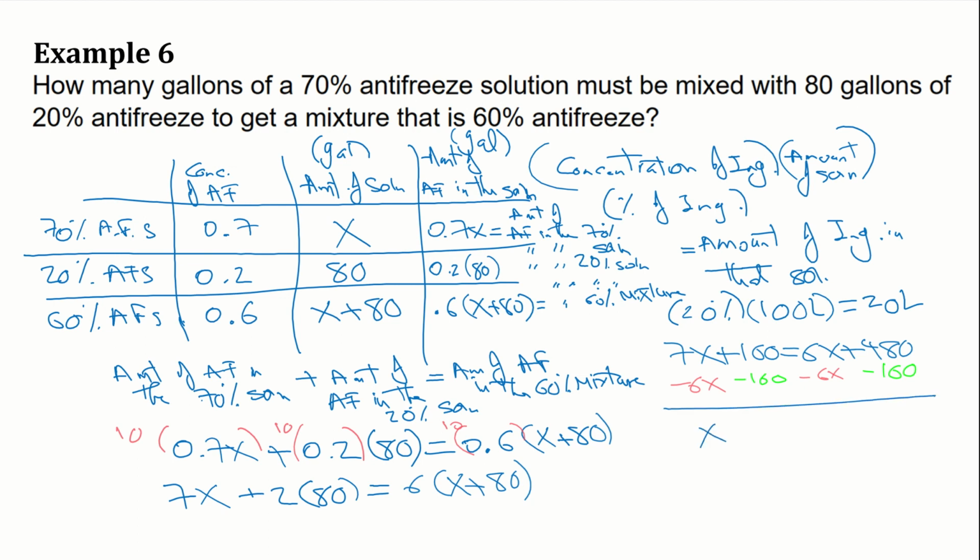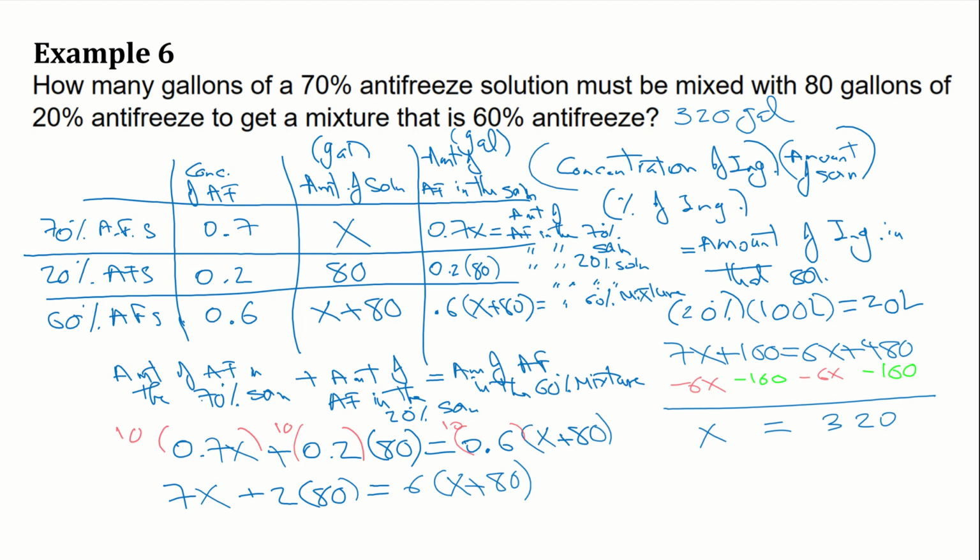So now we get x is equal to 480 minus 160, which is 320. And that's exactly what we were looking for. We were looking for how much of the 70% antifreeze solution we have to add to this 80 gallons of the 20% antifreeze solution to get our 60% antifreeze solution. So the answer to the question is simply 320. Don't forget the units on the final answer.